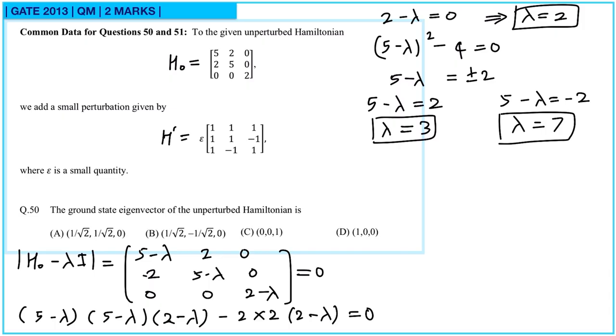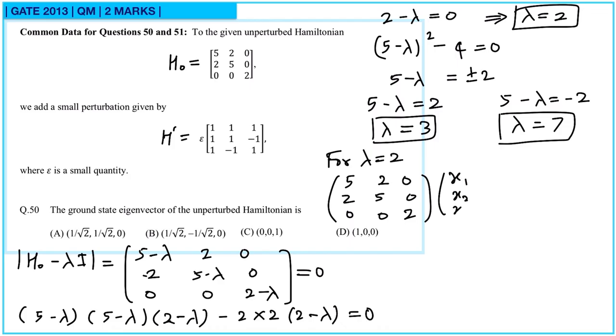Now what we want is the ground state eigenvector. So we will consider the lowest value possible here and we will find out its eigenvector. So for lambda is equal to 2, we want to find out the eigenvector. So that will be 5 2 0, 2 5 0, then we have 0 0 2 operated on x1 x2 x3.